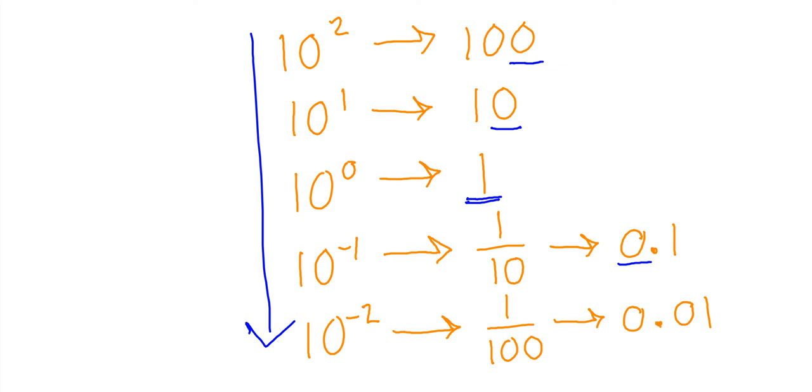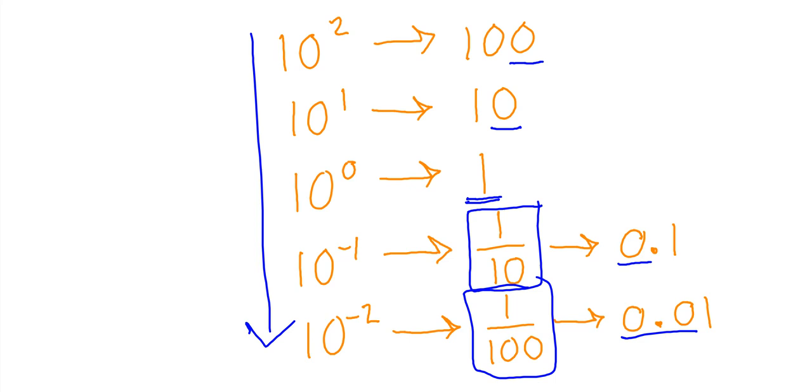So we're adding a 0 here each time that we go down into the negatives. We also can be representing this as a fraction because we know that every decimal is also a fraction. We're going to be working more with fractions, not decimals, in the exponents unit. But hopefully this picture just helps you to understand that 0 power rule, because that was kind of the main purpose of it.